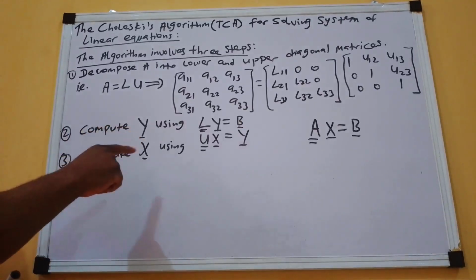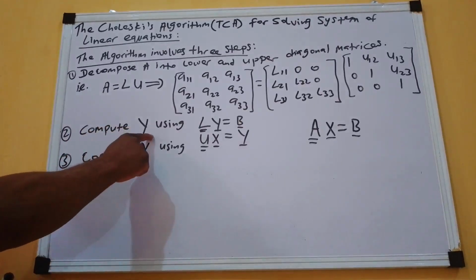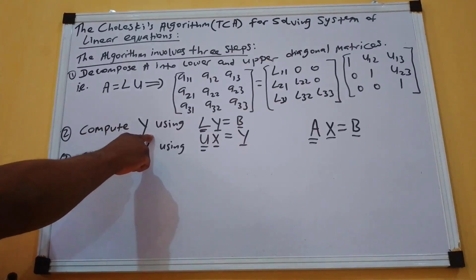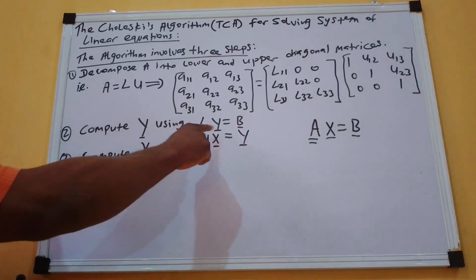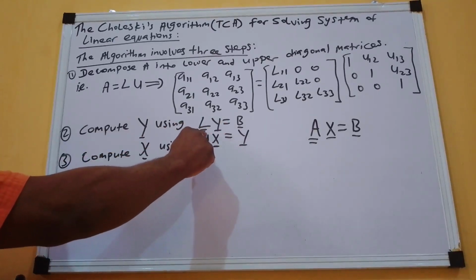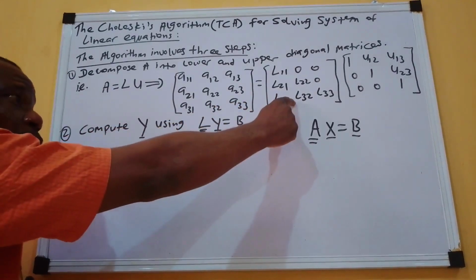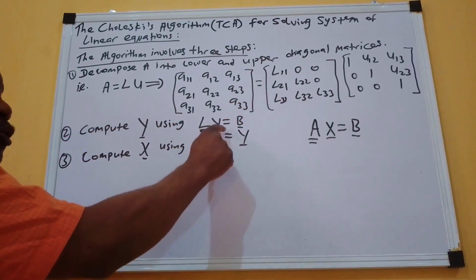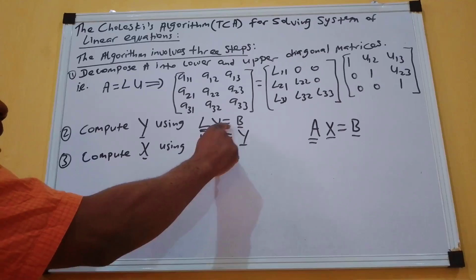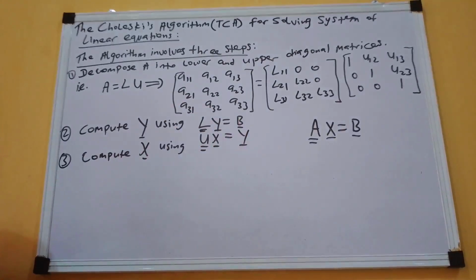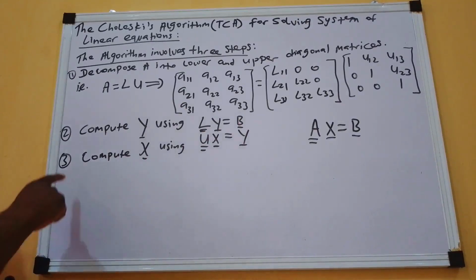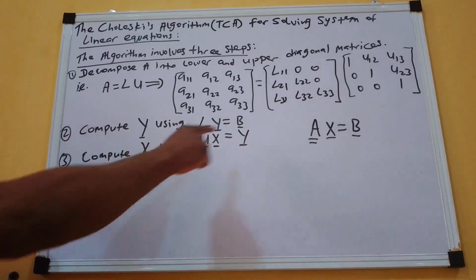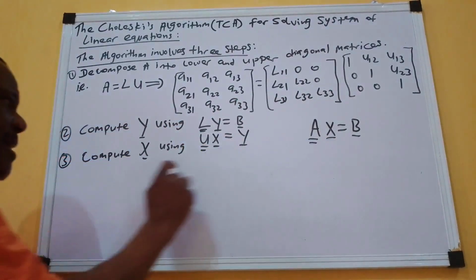Then step 2, you will now compute Y. Y is also a vector of unknowns. After you have gotten the lower triangular matrix L, you use it to multiply Y and you equate it with the right hand side. Then you are now going to use a forward substitution to get values for Y. Then step 3, you are now going to compute the main unknown X. That's the last step.